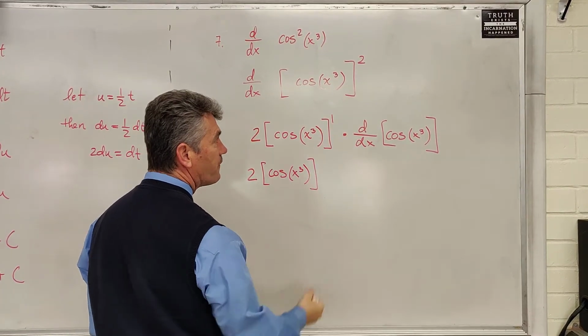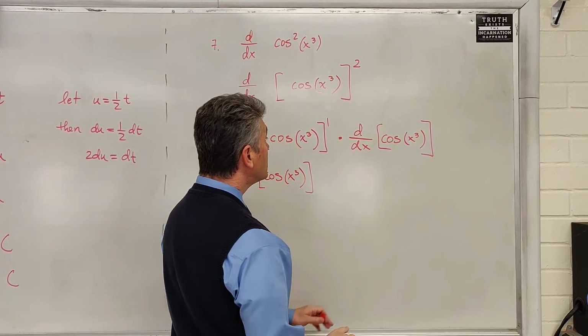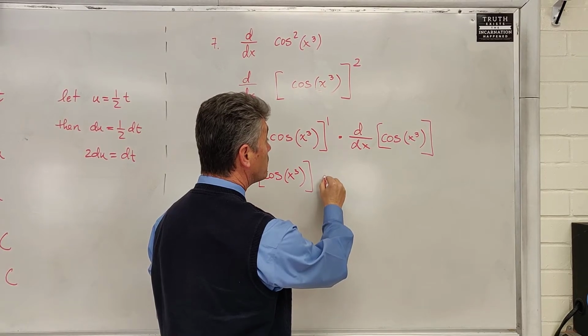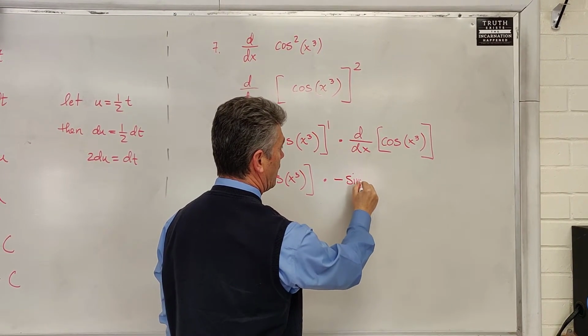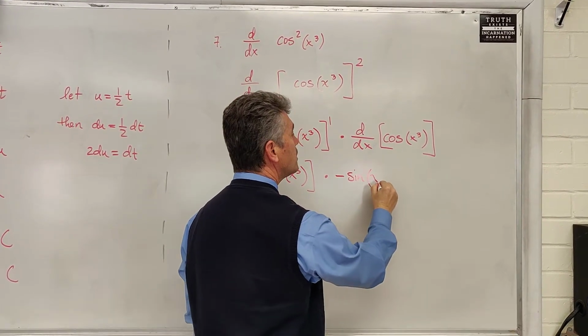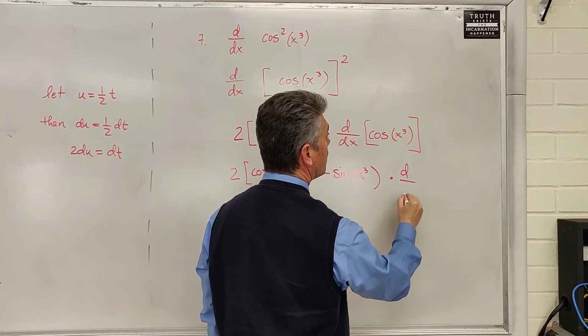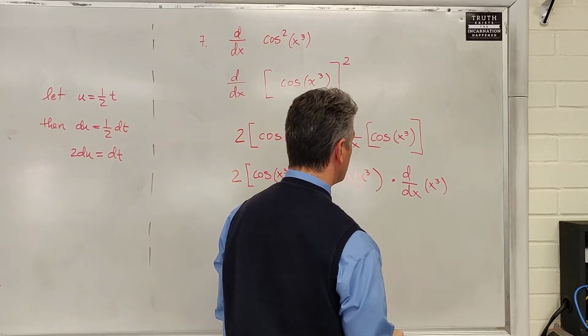I know it's raised to the first, so anything raised to the first power is itself, times the derivative of cosine of x cubed. The derivative of cosine of blob is negative sine of that quantity times, like I said, we have to use the chain rule once more, the derivative of x cubed.